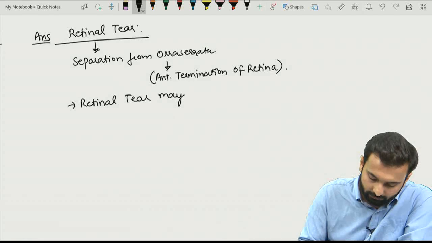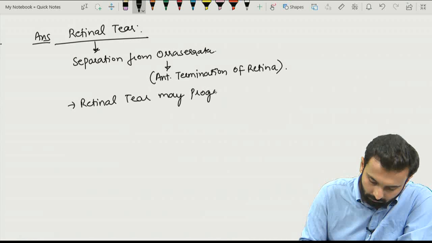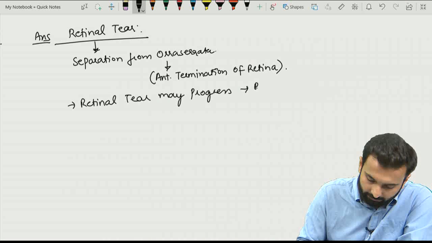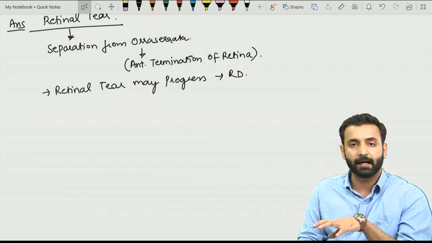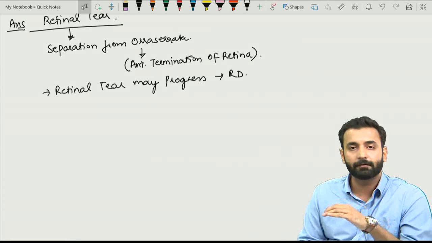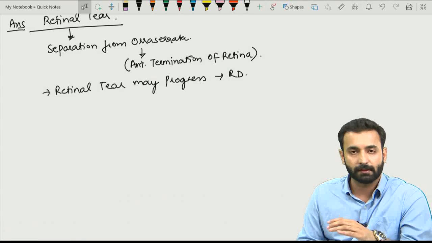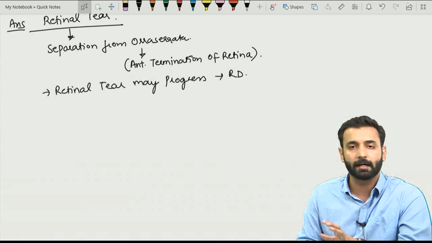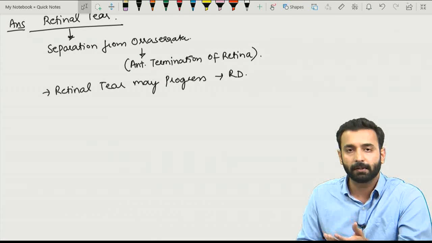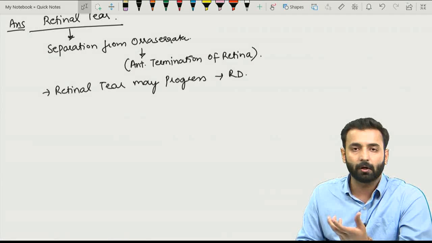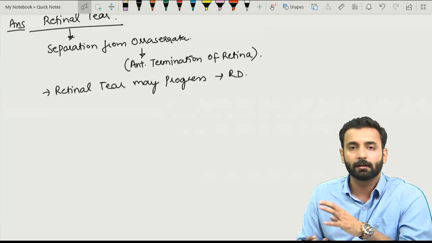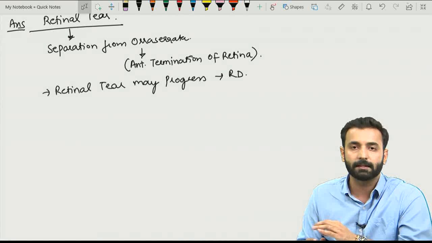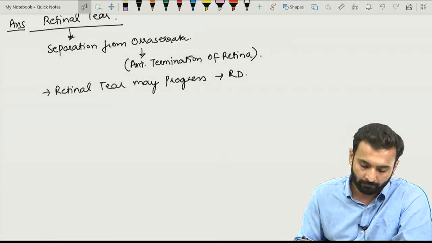If retinal detachment occurs, the patient will have the same symptoms as retinal detachment. The patient will complain of photopsia, flashes of light, and floaters. What are floaters? Floaters are multiple black dot-like opacities seen in front of the eyes.